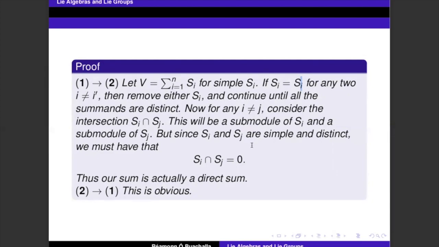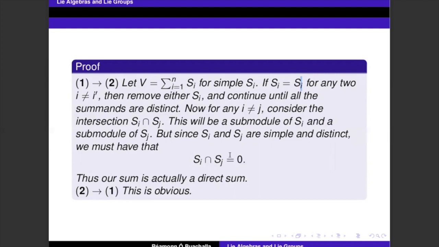But S sub i and S sub j are simple and distinct, therefore it must be equal to 0. Remember, it's simple, so this submodule of S sub i can either be 0 or S sub i, and the submodule of S sub j can either be 0 or S sub j.